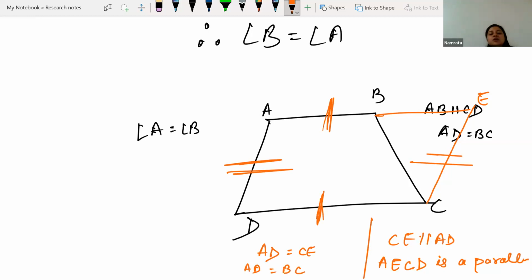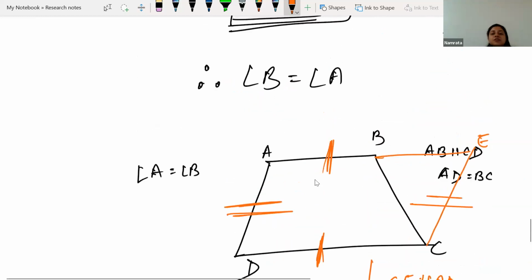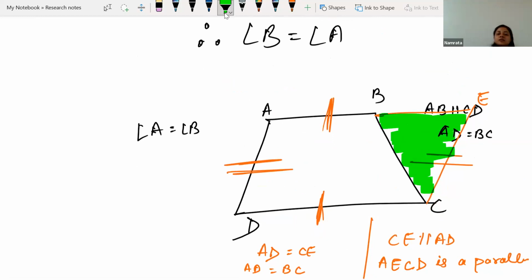So from here we got one isosceles triangle, that is BC and CE are equal. If you focus on this triangle, here BC side and CE side we got same. Hence we got opposite angles also same.